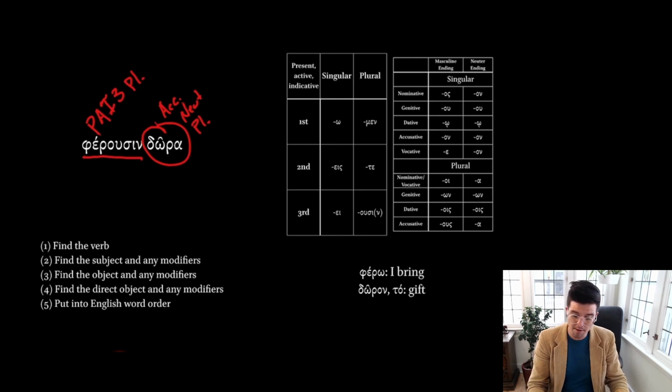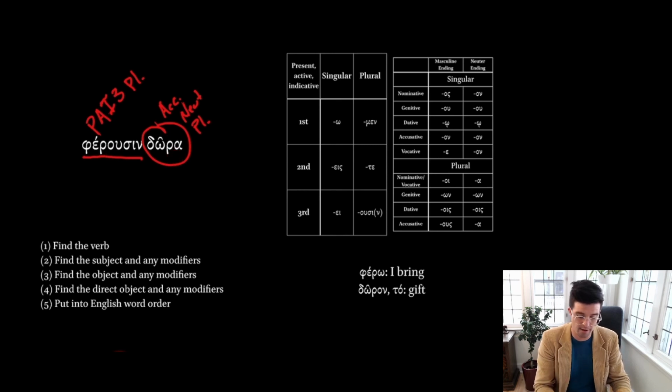So it's probably the case that the gifts are actually the object, that they are in the accusative case, not in the nominative case, and that the subject of the verb is actually embedded in the ending here, that the they is a non-explicit subject. It's what we would call an implicit subject. So they are bringing gifts.